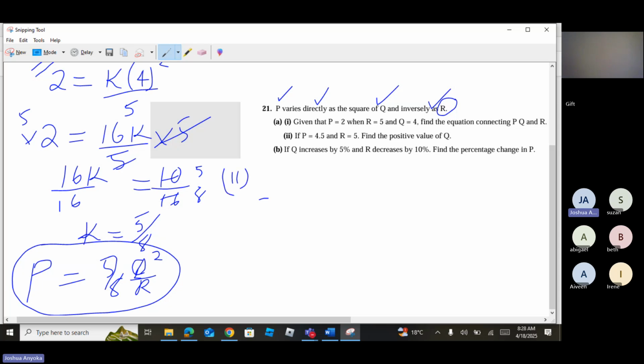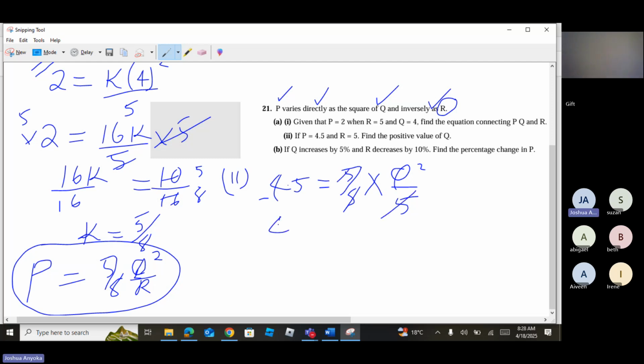P is equal to 4.5, so 4.5 is equal to 5 over 8 times Q squared, we don't know Q, over R, and R in this case is 5. So 5 and 5 will cancel.